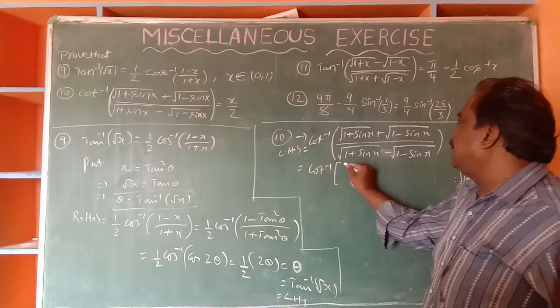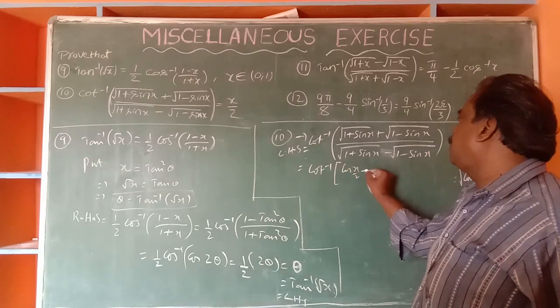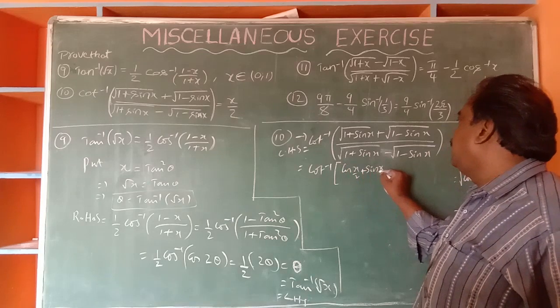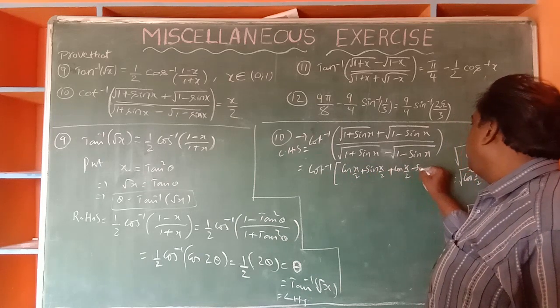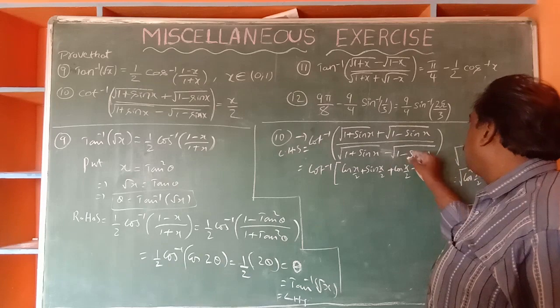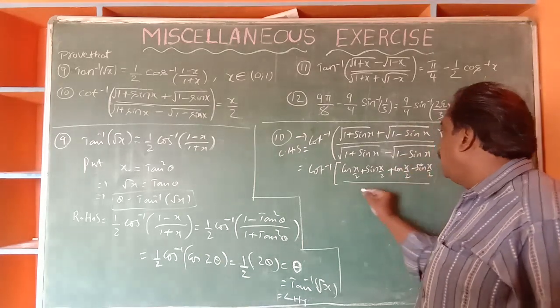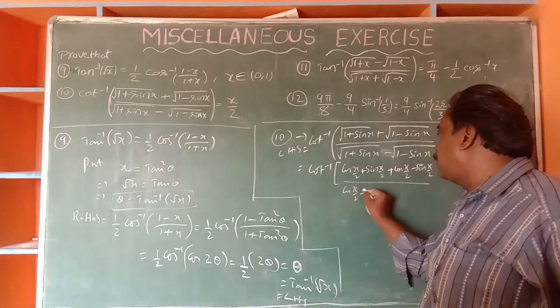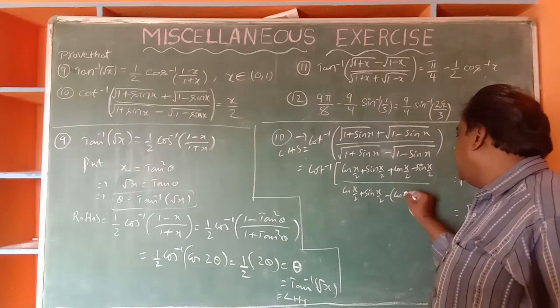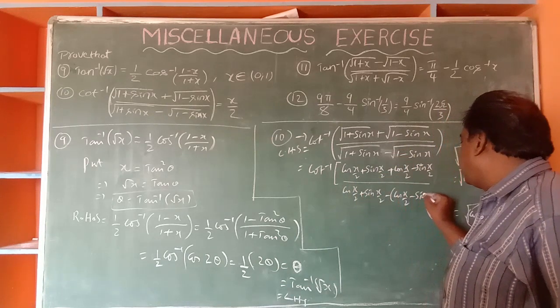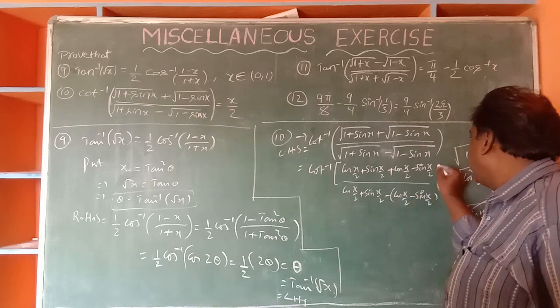So like that, in the numerator it is cos x by 2 plus sin x by 2 plus cos x by 2 minus sin x by 2, because minus is there. And in the denominator it is cos x by 2 plus sin x by 2 minus cos x by 2 minus sin x by 2.